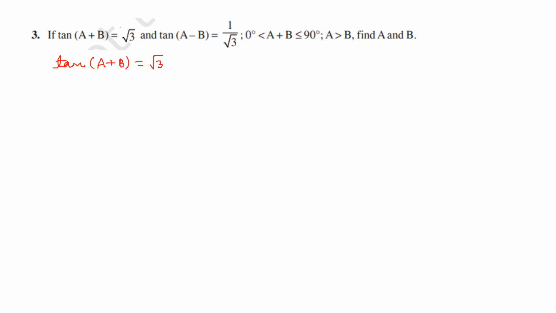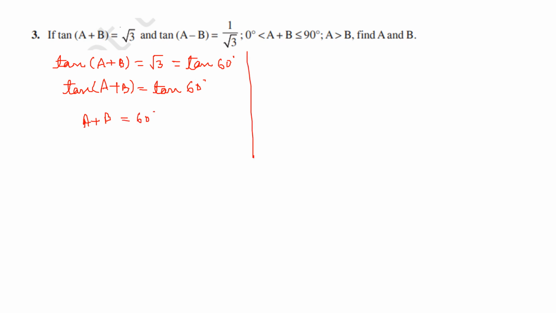And for which value of tan will you get the answer as root 3? We know it is tan 60 degree. Tan 60 degree will give me the answer as root 3. So I can write tan (A plus B) is equal to tan 60 degree, isn't it? And when will it become equal? When A plus B value is equal to 60 degree.